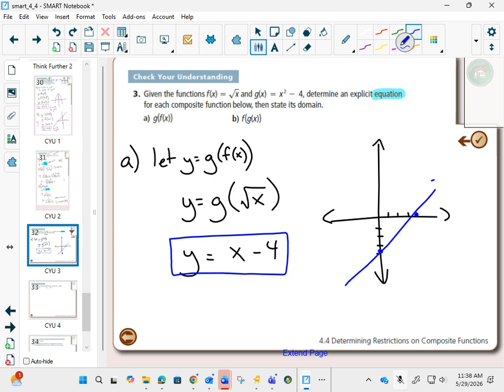There we go. So what does that look like? My domain is everything. My range is everything. I'm so happy, and I lose like 2 marks on this question. My graph is wrong. My domain is wrong. What?